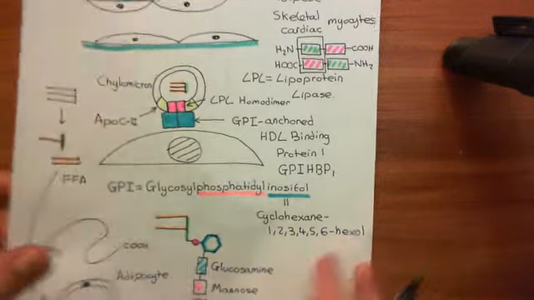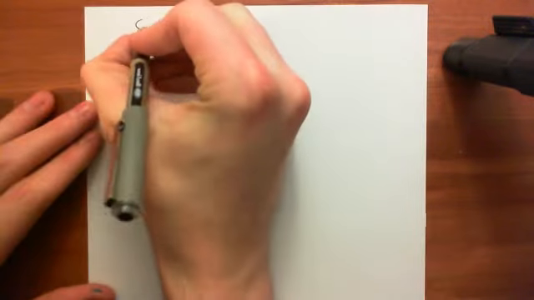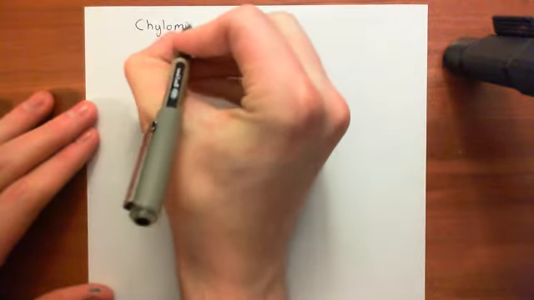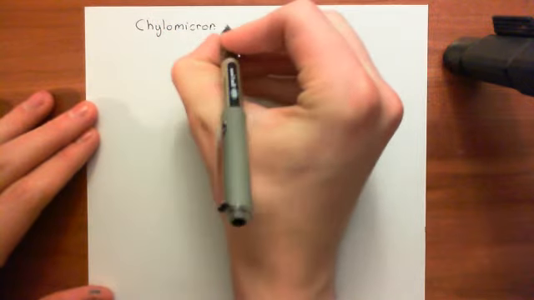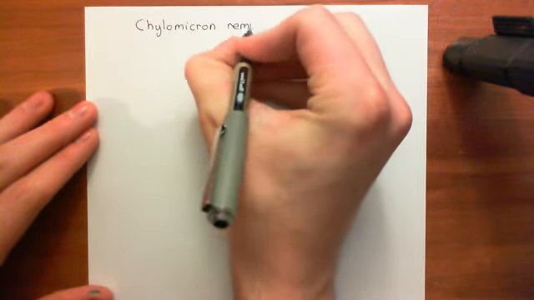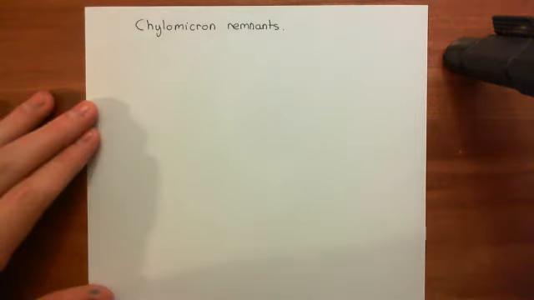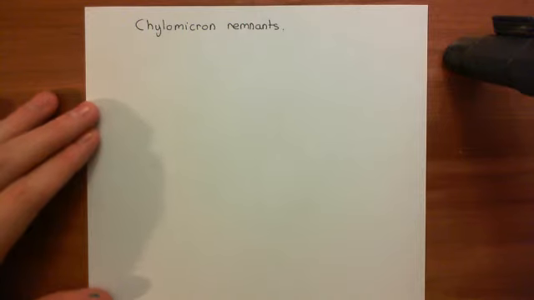So what are these structures called, and what's going to happen to them? Well, basically, they are called chylomicron remnants. When you've got a chylomicron which doesn't have that much triacylglycerol left within it, because it's given them all up to peripheral tissues such as the adipocytes or the myocytes, then it's called a chylomicron remnant.